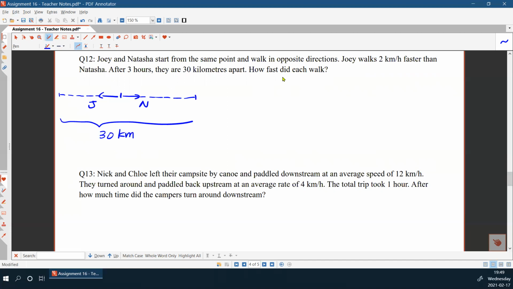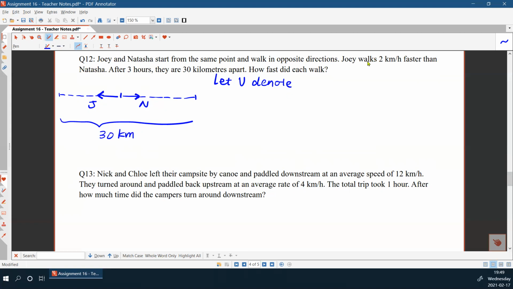How fast did each walk? So we want to find the speed of each person, right? So we can use a letter V to denote it. For speed, we usually use letter V, right? Because V stands for velocity. You can use V to denote either Joey or Natasha's speed.